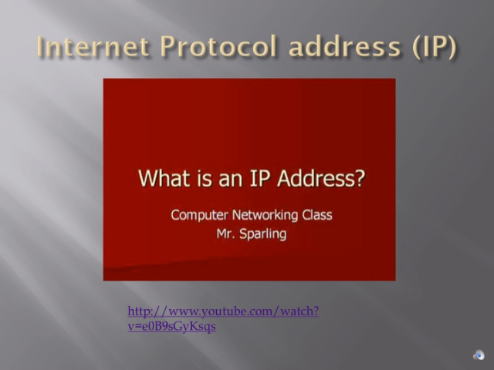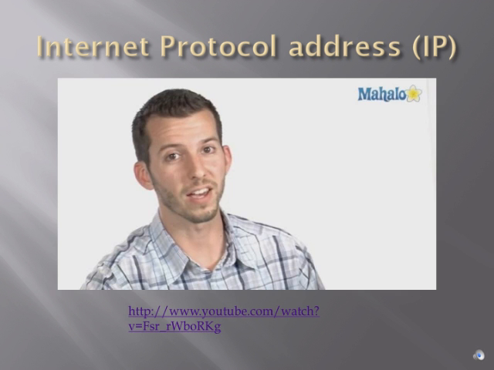Well, I said 0 to 255, but if you realize we start with 0, then 0 to 255 is 256 numbers. If you want to, in fact, I encourage you all to pause the PowerPoint here and click on the link for this video. This video will explain even better what an IP address is, as will this one. You need to watch this video as well. These videos explain IP addresses.